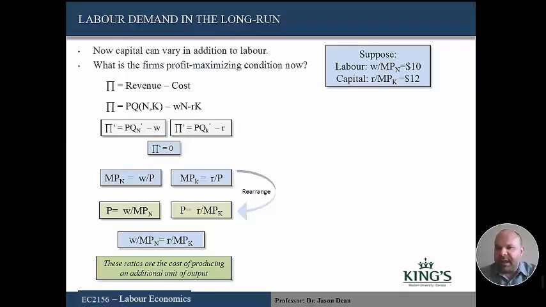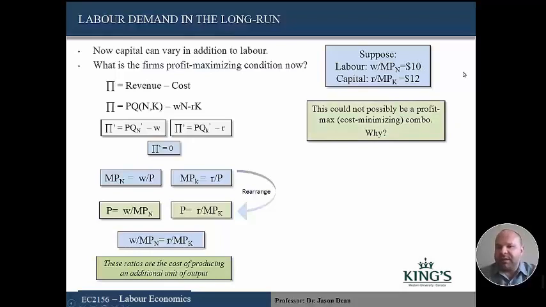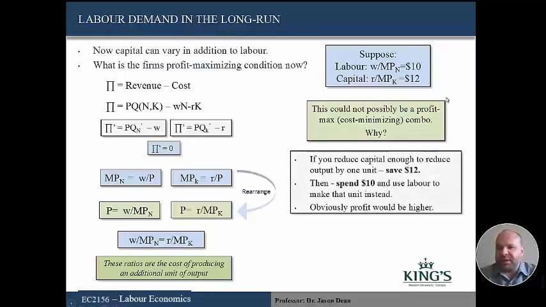Well, if these two aren't equal, then this can't possibly be profit maximizing because the firm can just reduce its capital by enough to save one unit, and then they would save $12. So they would make one less unit with capital, save $12, and make one more unit with labor, and only spend 10. So they're getting the same output, but they've reduced their cost by $2. So obviously then profit would be higher.